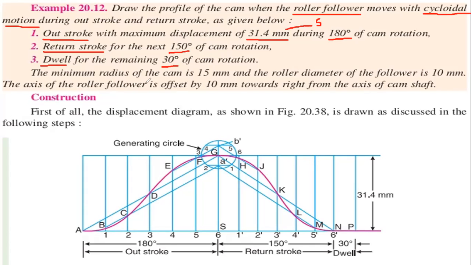The minimum radius of the cam is given as 15 mm. The roller diameter of the follower is 10 mm. So in total, the diameter of the roller is 10 mm, and the diameter of the cam is 30 mm.